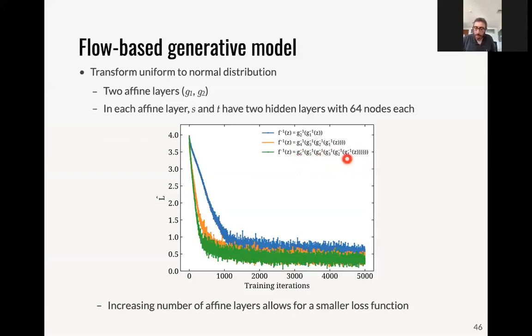So you have more parameters to tune here. So each iteration is more expensive than in the blue case, right? But in terms of iterations, you get something that approaches the minimum faster.